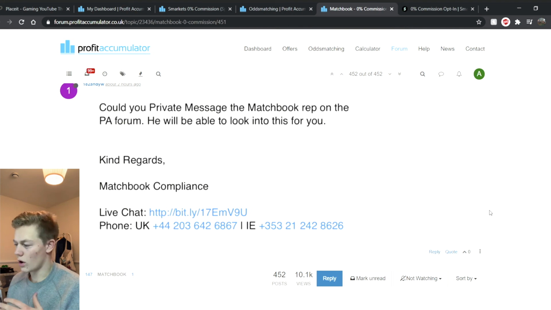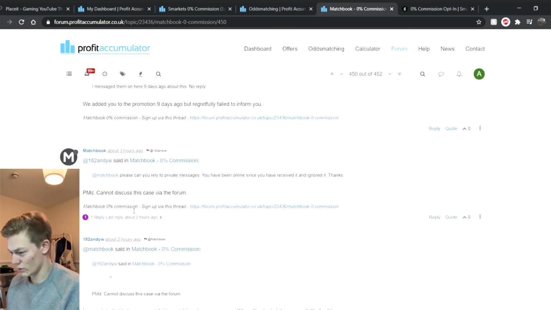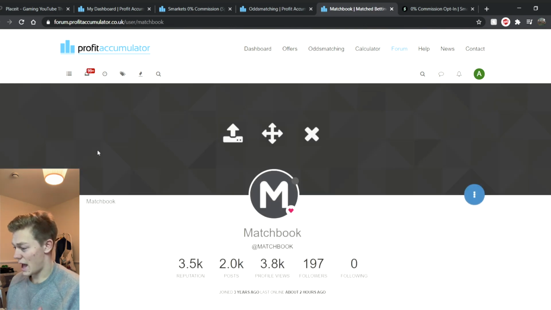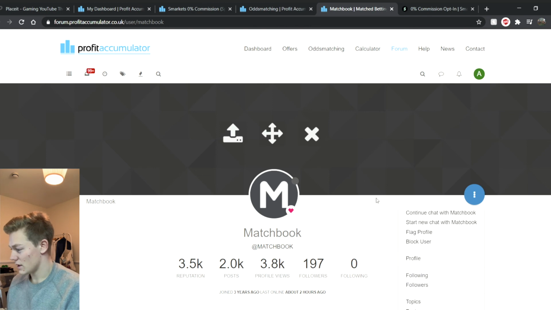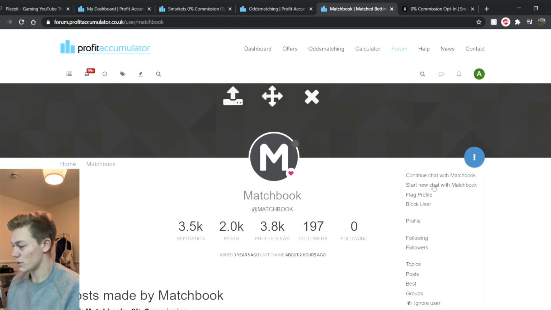Then once you're on this forum page, you just need to find the Matchbook account. So if I scroll up a couple messages, we can see it's already there. So you click on the Matchbook account, it will take you to his page, and you just need to click on the 3 dots on the right, start a new chat with Matchbook, and just basically ask for 0% commission, quoting your Matchbook username, and then you get 0% commission with Matchbook.